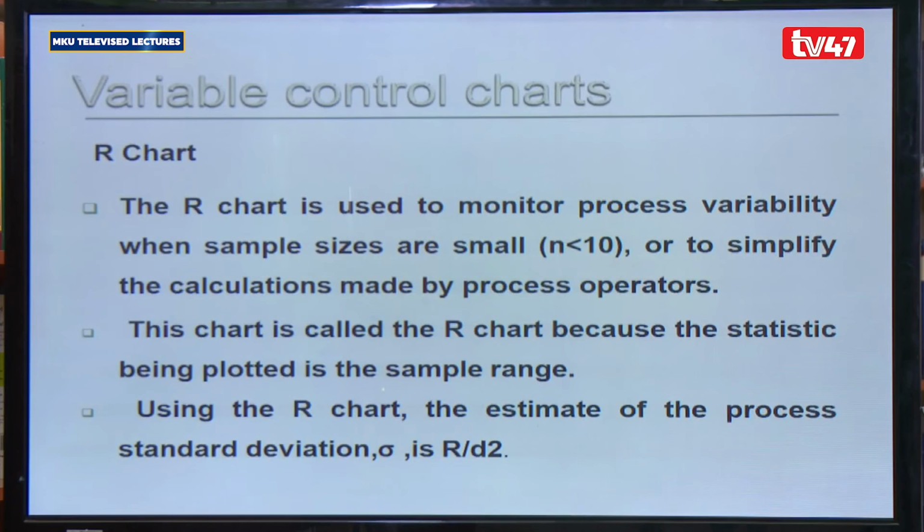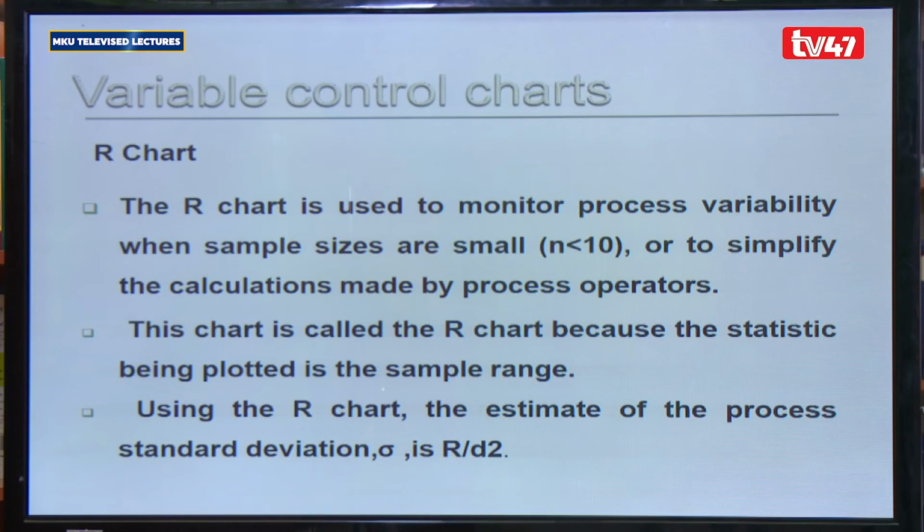Then we have the R charts. The R chart is used to monitor process variability when the sample size is small. And in this case, we refer to small as when n is less than 10. So in some cases, especially in statistics, when n is less than that, it is also considered.